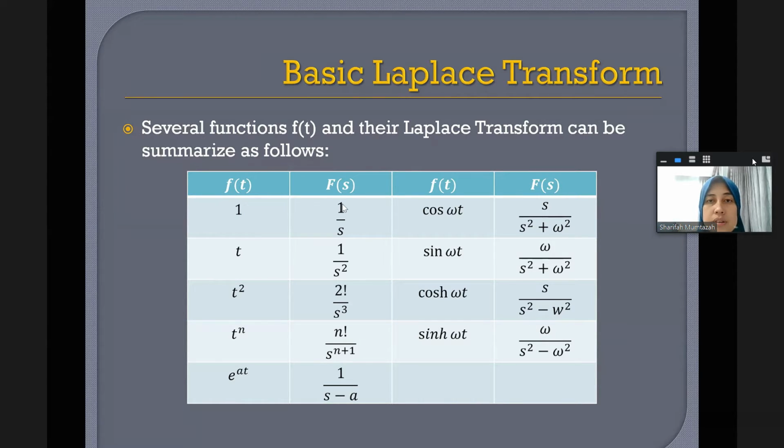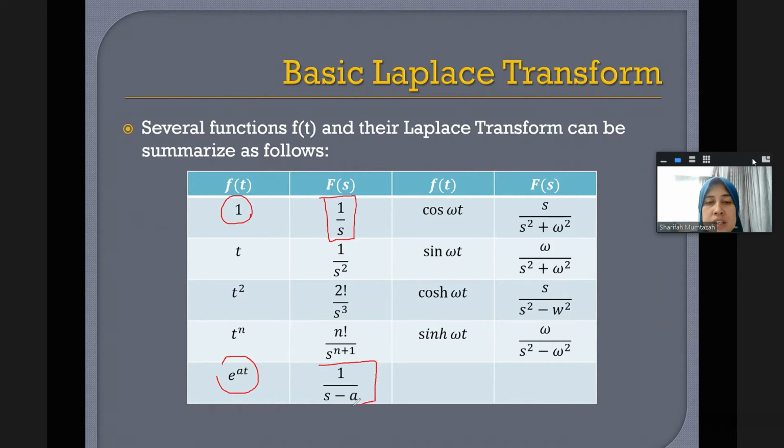All right, okay. If you look here, this is what was solved by Fatin just now. Given f(t) is 1, you get the Laplace transform, which is 1 over s, and our friend, you have done for this, you get 1 over s minus a.